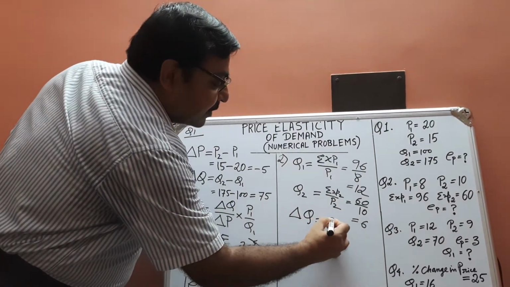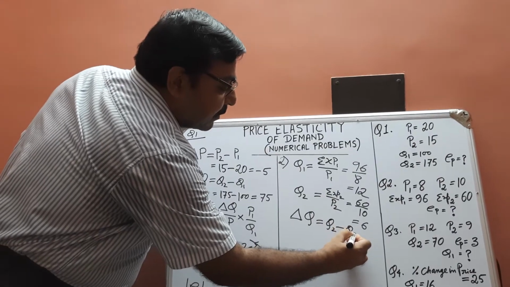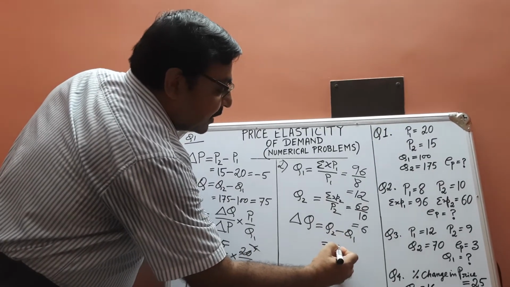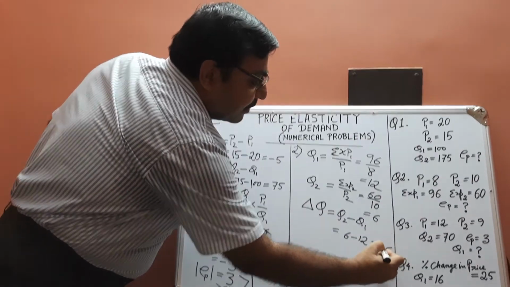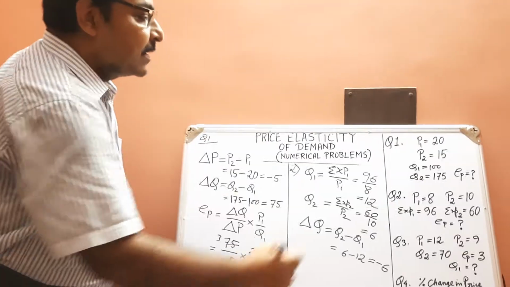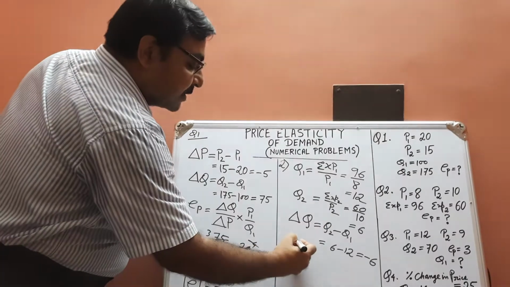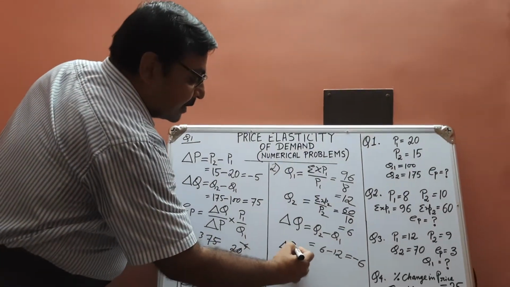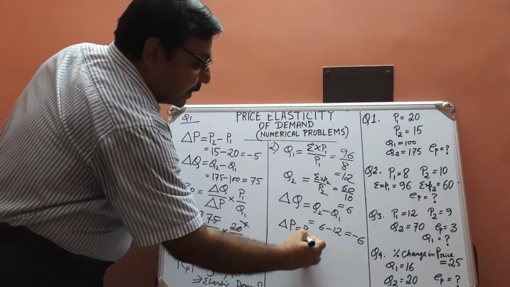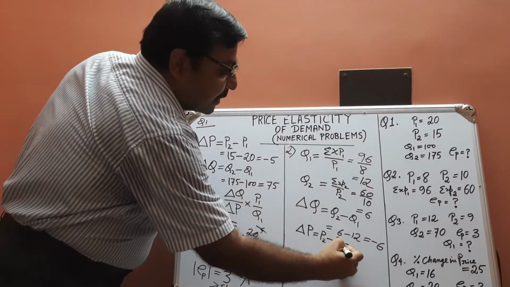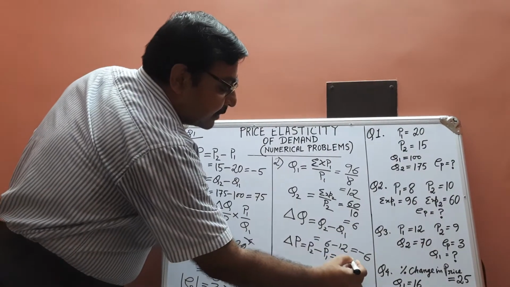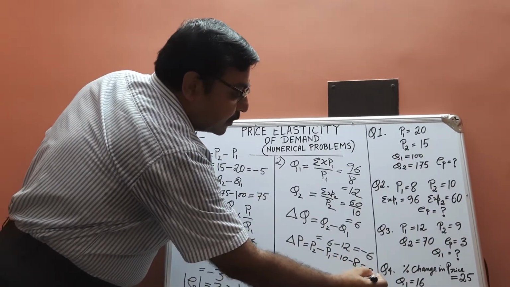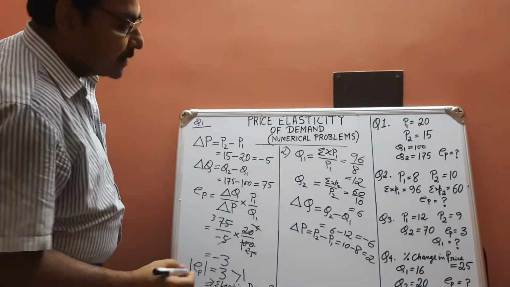Delta Q is equal to Q2 minus Q1, is equal to 6 minus 12, is equal to minus 6. P1, P2 are given, so delta P is equal to P2 minus P1, is equal to 10 minus 8, is equal to 2. Delta P is 2.